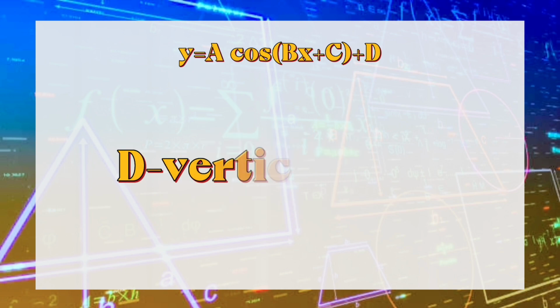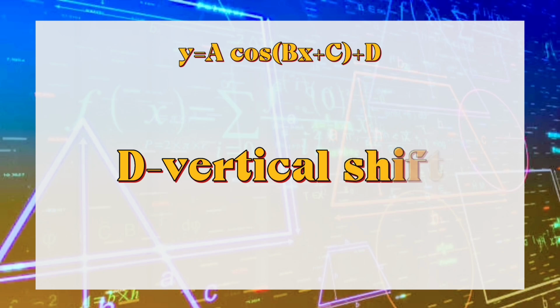Then d is the vertical shift. This determines the center line of the graph to which we will add and subtract the amplitude.